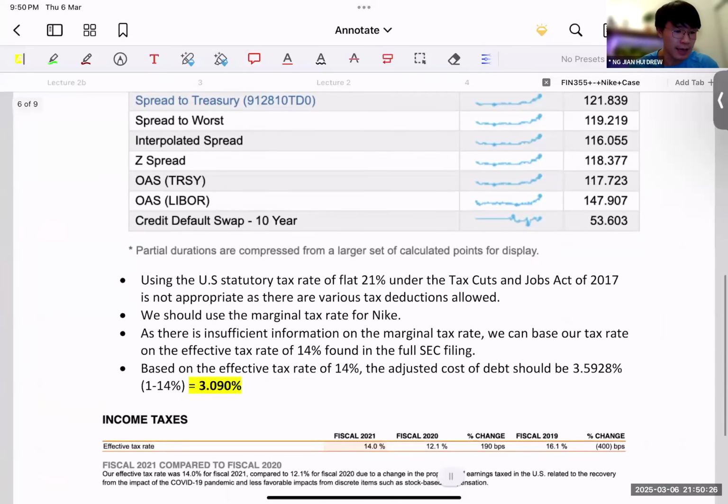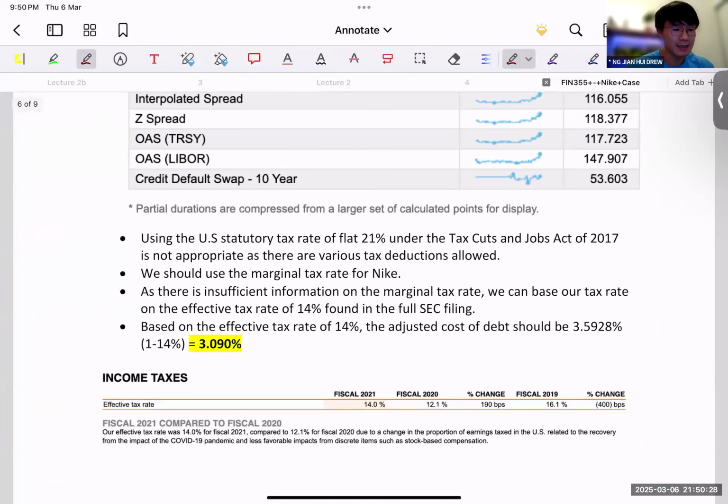Why? Okay, so let's look at what the suggested solution is. Using the US statutory tax of flat 21% is not appropriate as there's a tax deduction that's allowed. We should use the marginal tax rate. Anyone know what's the meaning of marginal tax rate?